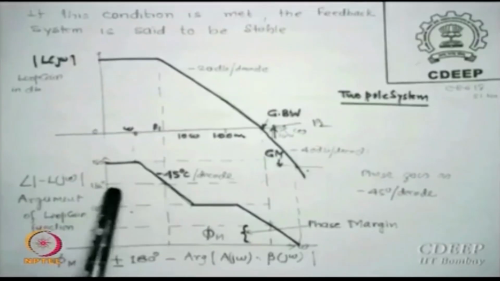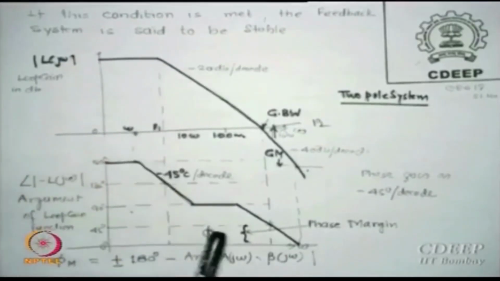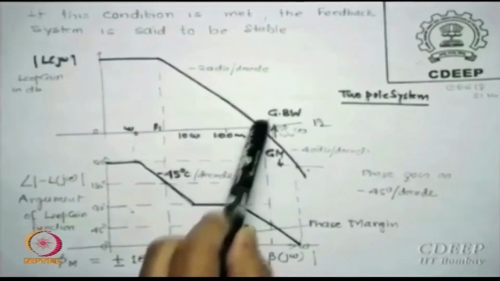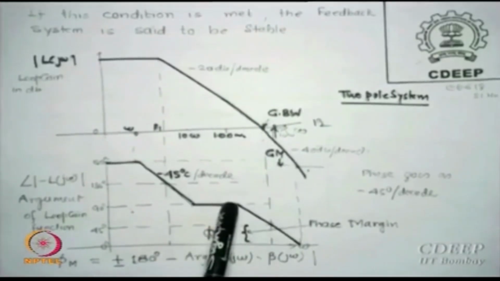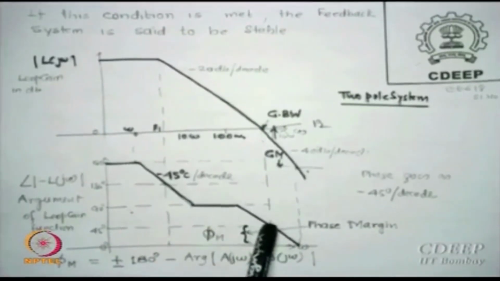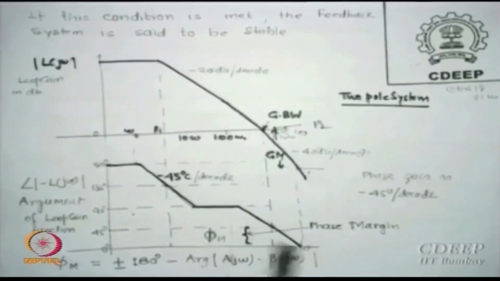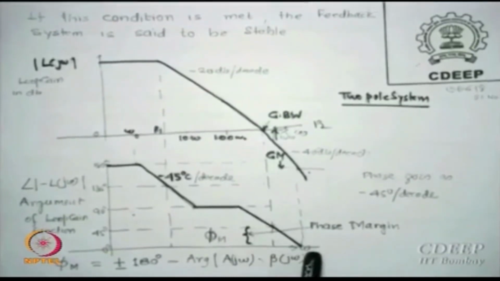So at 135 this is the pole. Until the second pole occurs, there is no other fall, so it should keep constant. But at this point you want another 45 degrees from here, that means at 45 degrees this point must get hit, which means the slope will be 45 degrees per decade. So in 2 decades it will reach a phase of 0 degrees.